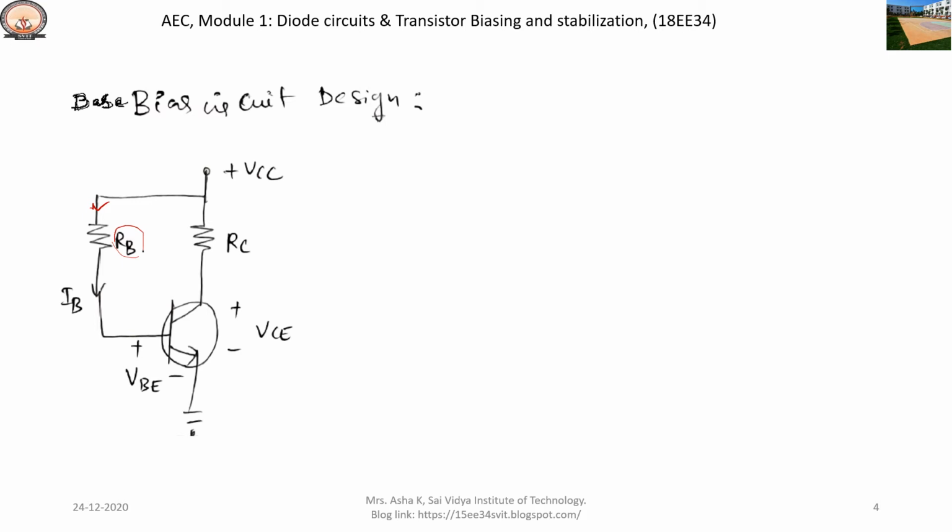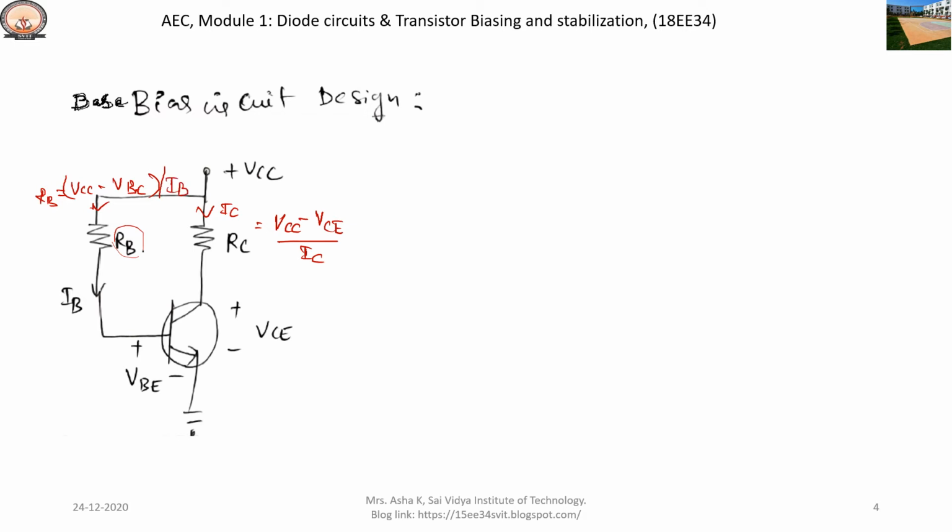And similarly, we can find the value of RC, that is one voltage VCC minus another voltage VCE, divided by the current which is flowing through here is IC. RB is equal to VCC minus VBE whole divided by the current IB.